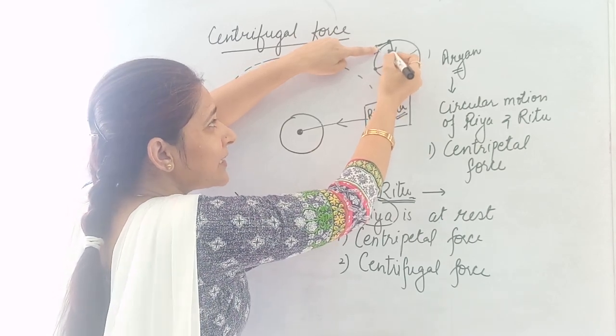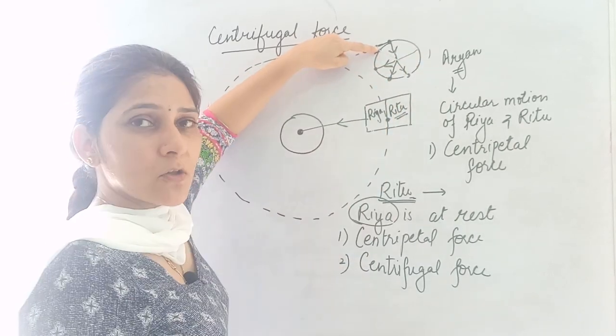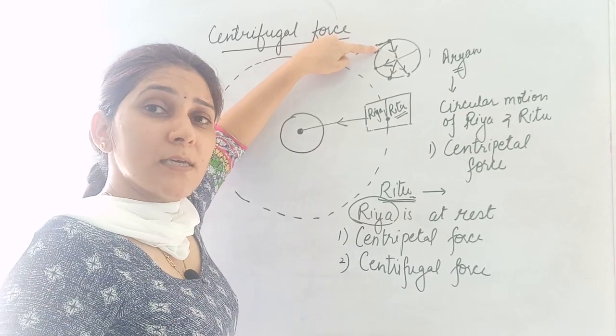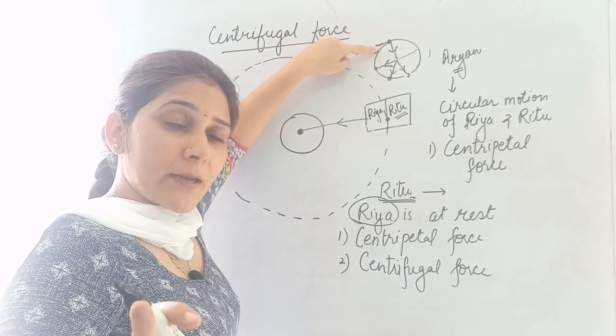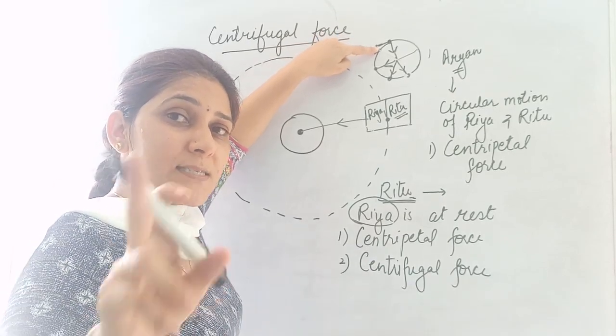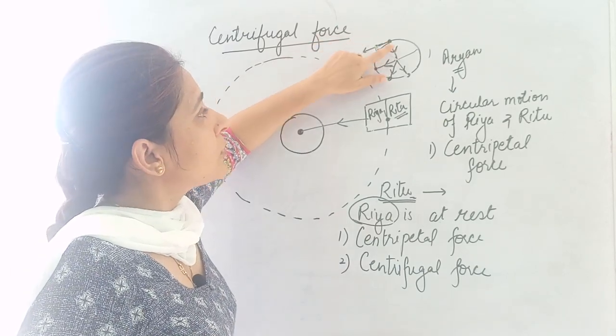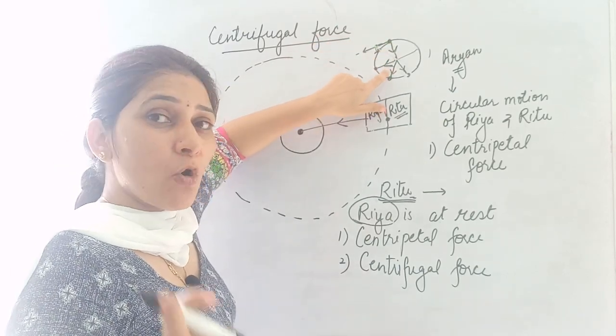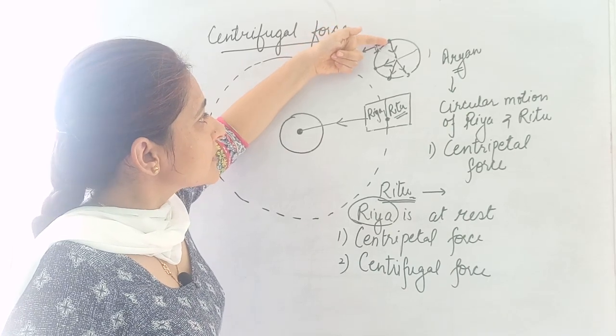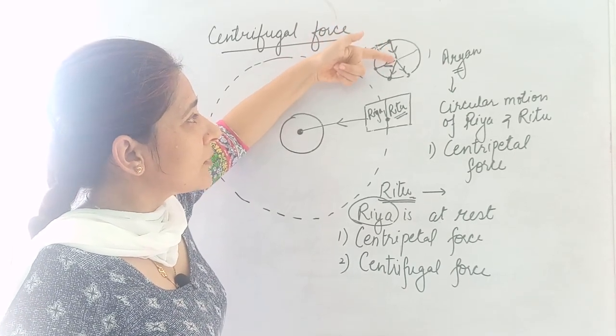How can it be at this particular distance? Because simultaneously, when the inward force is acting on this, an equal and opposite force, equal in magnitude but opposite in direction, is acting onto the object. The previous force is towards the center of the circle.